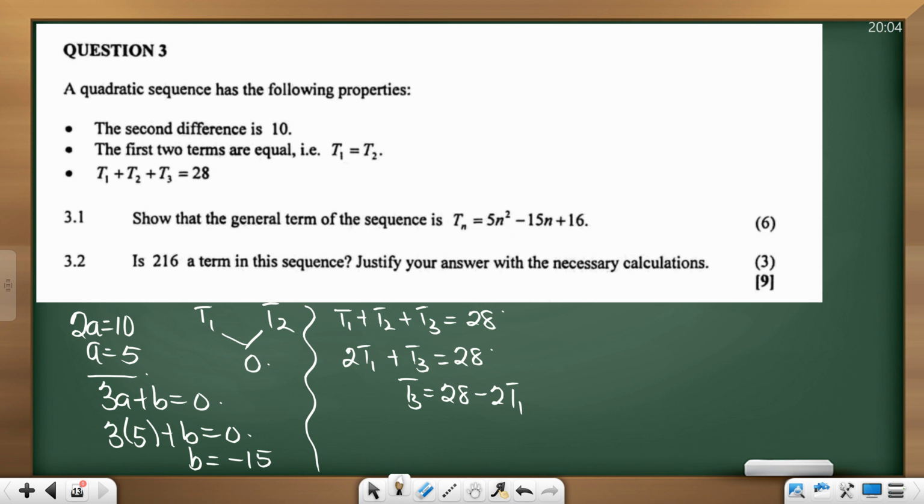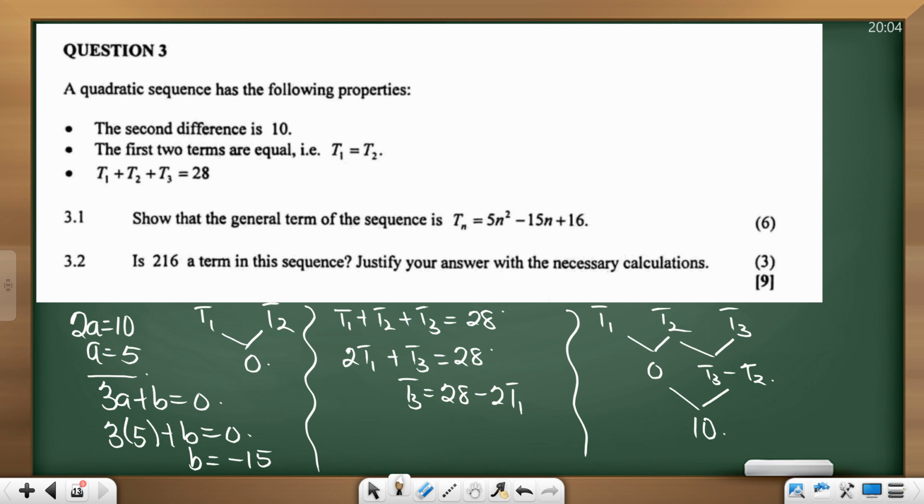Okay. The examiner told us the second difference is what? Basically, this is what we're saying. T1, T2, T3. The difference here is equal to what? T3 minus T2 is equal to 10.